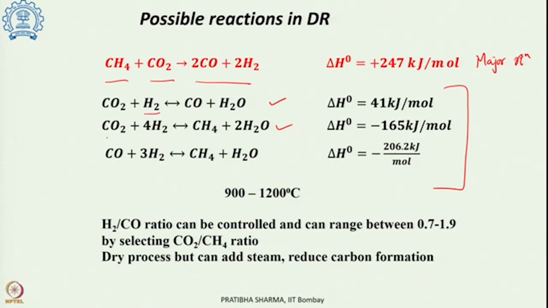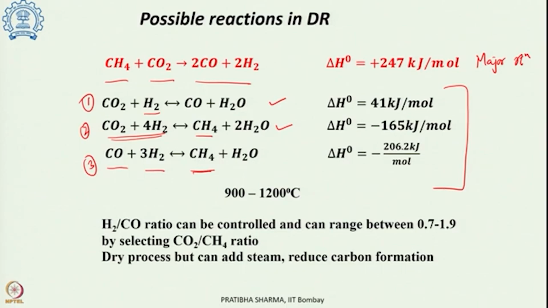So it is consuming more hydrogen, and this reduces the hydrogen in the product obtained. CO formed can also consume hydrogen to produce methane. This is the methanation reaction. The second and third are methanation reactions.